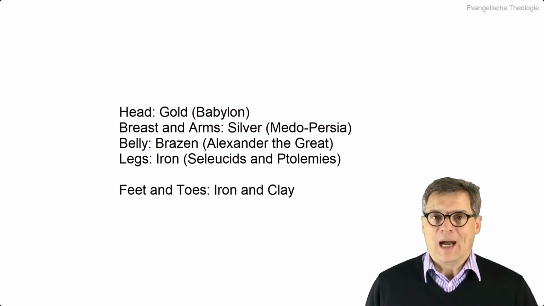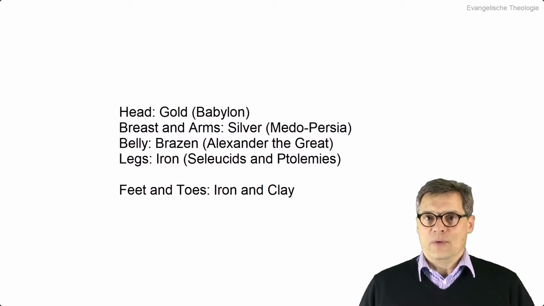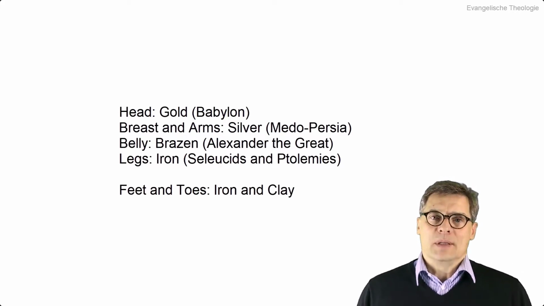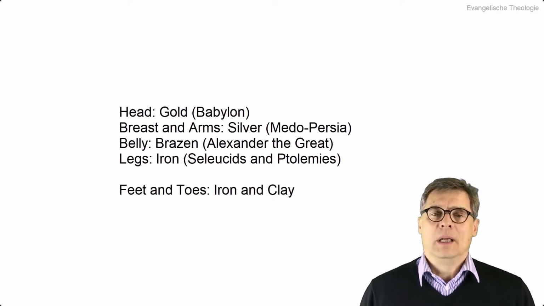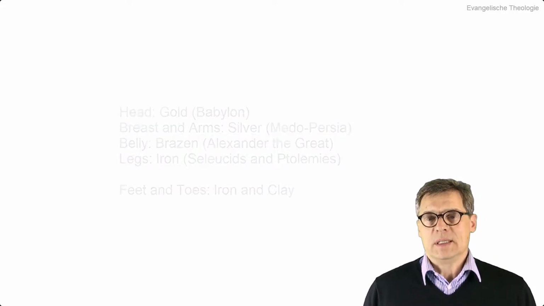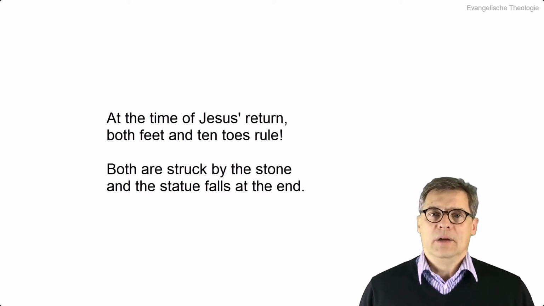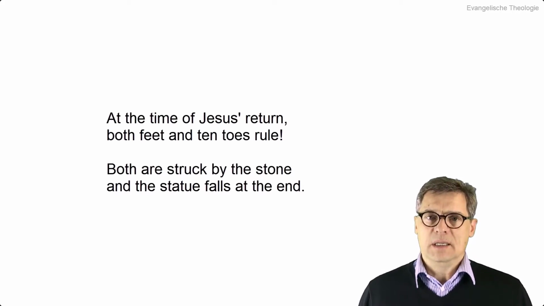It is also said of the feet that they are hit and crushed by the stone that is torn down from the mountain without any human intervention. That would mean that at the time when Christ comes again, the reign of those feet will be there.